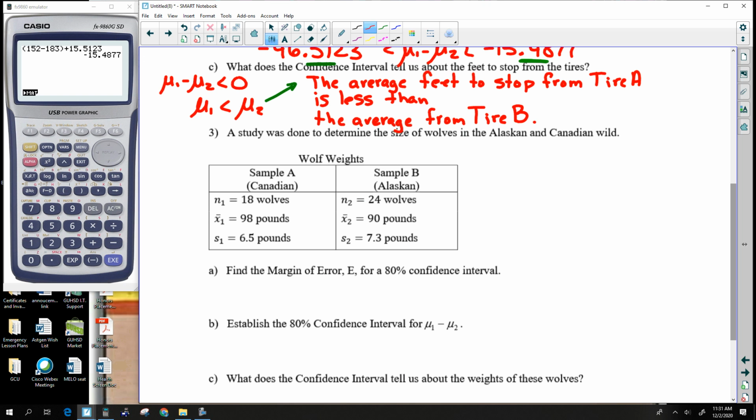So the average of A is less than the average of B.